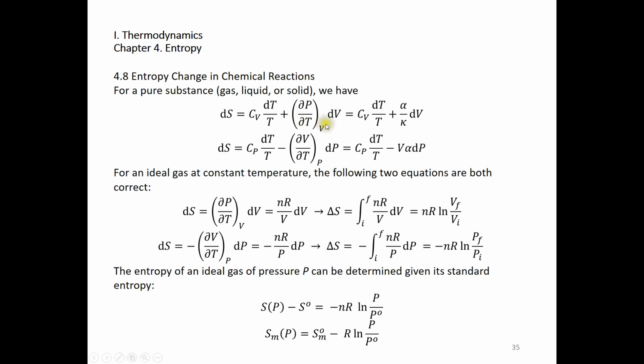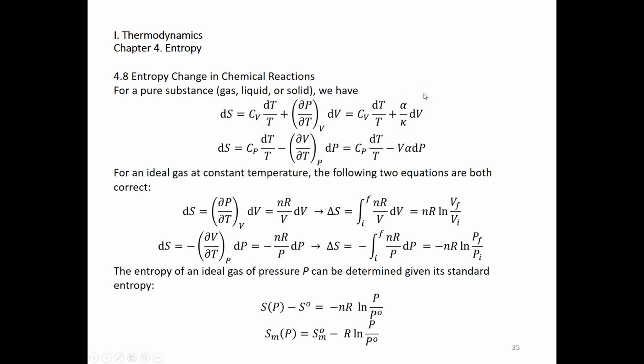What if we have a liquid or solid? In that case, ∂P/∂T can be expressed as alpha over kappa. The reason we do this is because alpha and kappa are approximately constant for a liquid or solid within a fairly wide temperature range and a fairly wide pressure range.